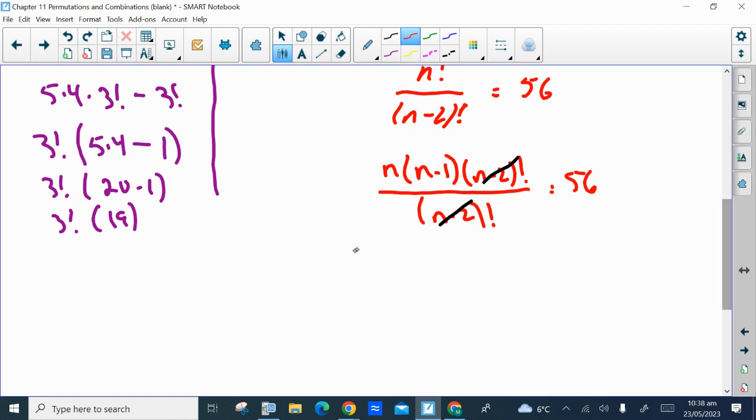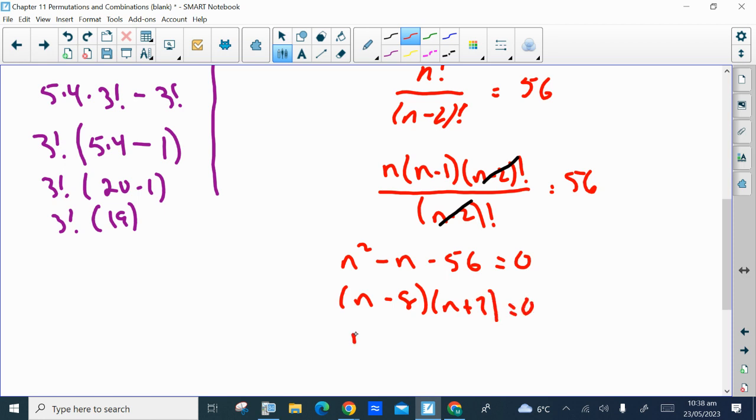So we're going to get a quadratic here. When you multiply out what's left on the left, it'll be n squared minus n. We'll bring the 56 over, make it equal to 0, because we always do that to solve by factoring. The factors will be n minus 8, n plus 7. So according to this, n would equal positive 8 and negative 7.